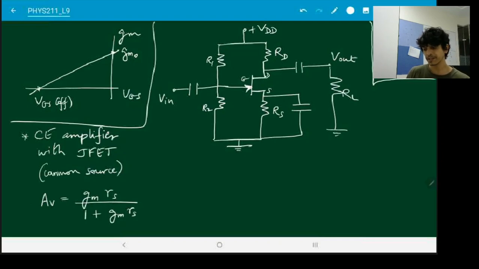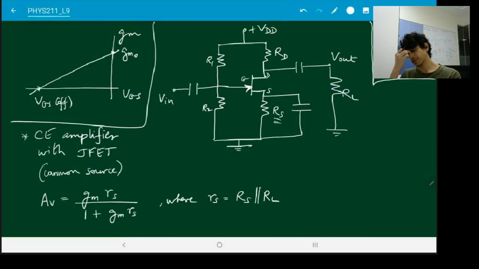Where gm, you already know what it is. gm is the transconductance of this FET, and RS is going to be RS in parallel with the load resistance. So the value of this source resistance over here plays an important role in determining what the gain should be.